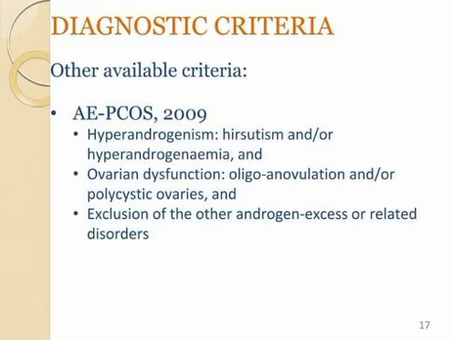So based on this 2009, it may also come under polycystic ovarian syndrome. So it changes from PCOD to PCOS, where it includes hyperandrogenism, hirsutism, and hyperandrogenemia. Along with the ovarian dysfunctions, it includes oligoanovulation or polycystic ovaries. And exclusion of other androgen excess related disorders.